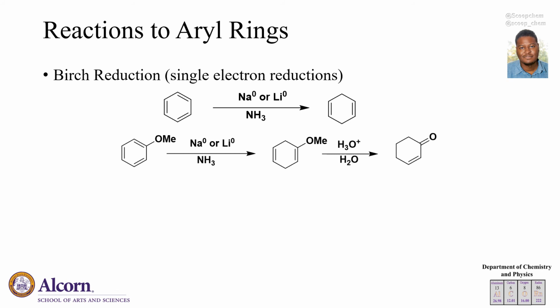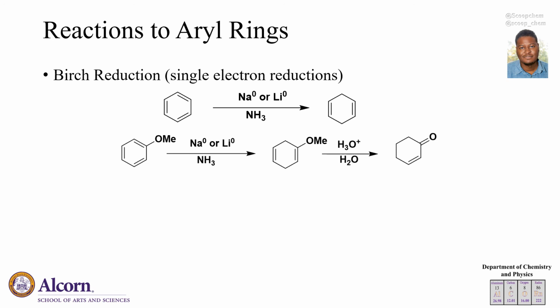If I take the methoxy, or the anisole, and do a Birch reduction, I generate a vinyl ether that can be hydrolyzed into a ketone. And those substrates, these conjugated ketones, are high value substrates. So the Birch reduction is a very convenient way to generate these types of compounds.